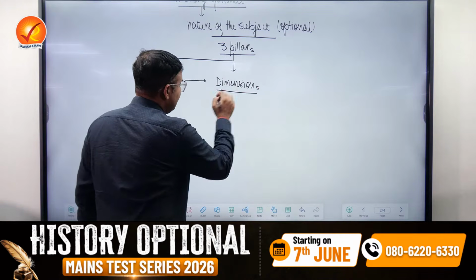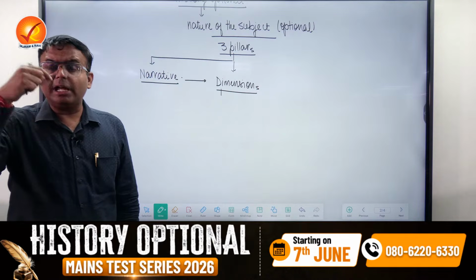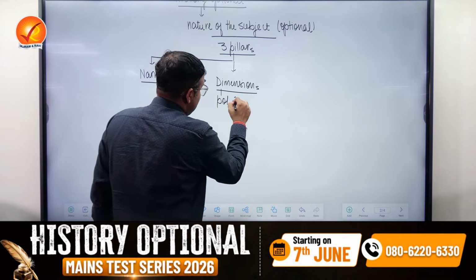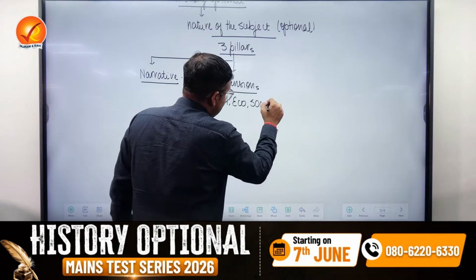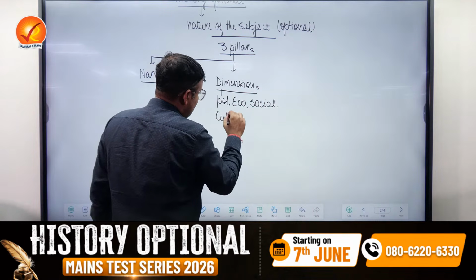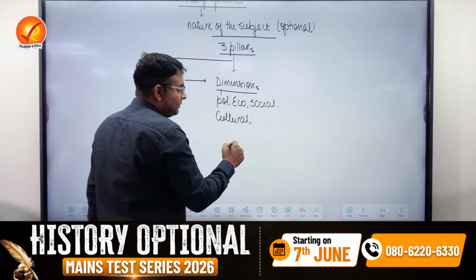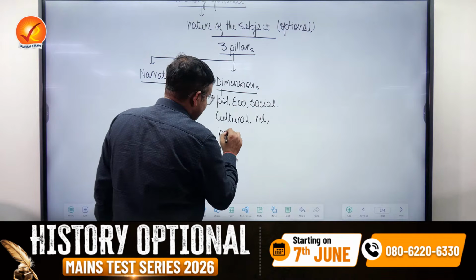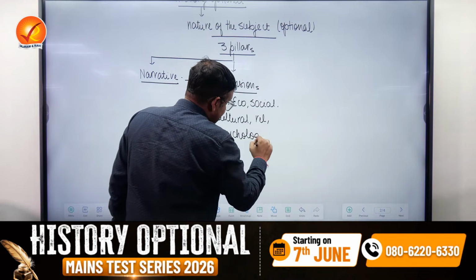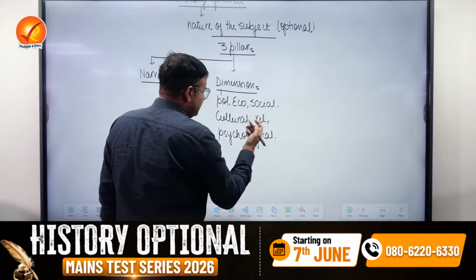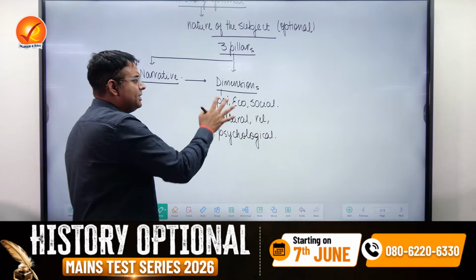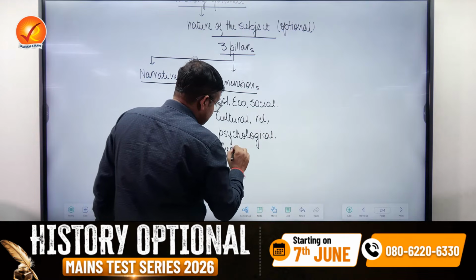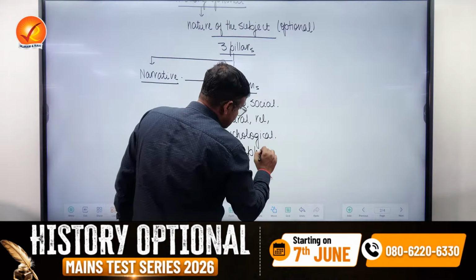So once you study any topic, you should start trying to figure out the political dimensions, economic dimensions, social dimensions, if not always, cultural dimensions, religious dimensions, psychological dimensions, and obviously, have these changes also been affected by geography? So we also study geographical determinism, not always.